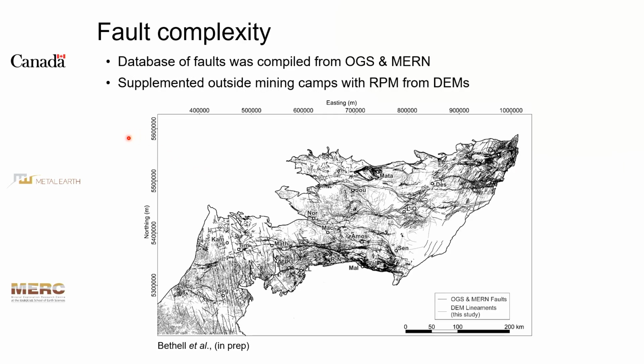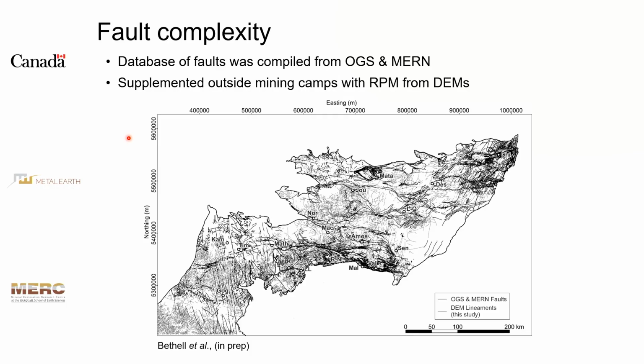One thing that you may have seen, especially in gold prospectivity mapping, is looking at complexity of fault systems. We wanted to apply that from a tectonic setting and rift perspective, since we know that crustal permeability and the intersection of various fault systems is an important way to focus hydrothermal fluids.